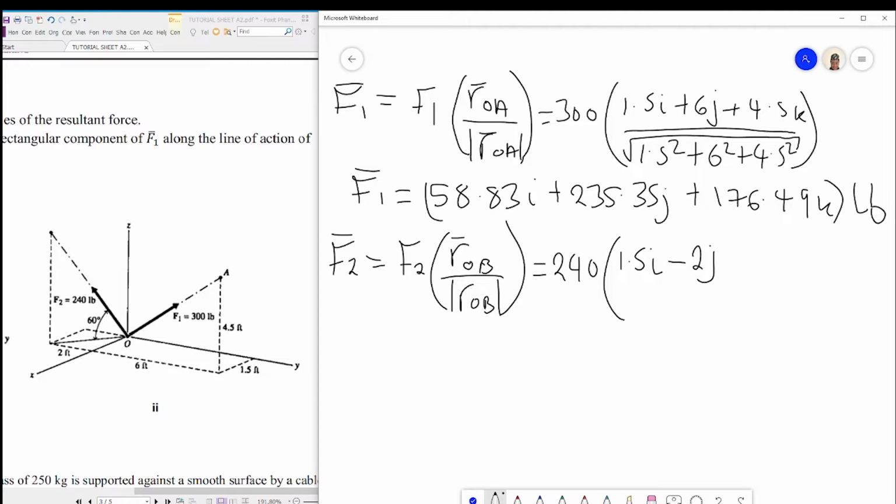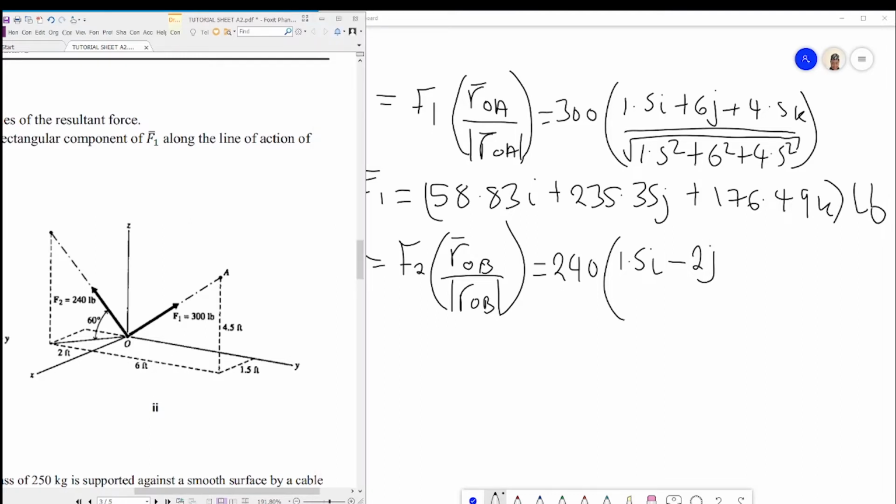I can calculate F2 prime using Pythagoras theorem. After I do that, then I'll use the tangent function to find the z component.